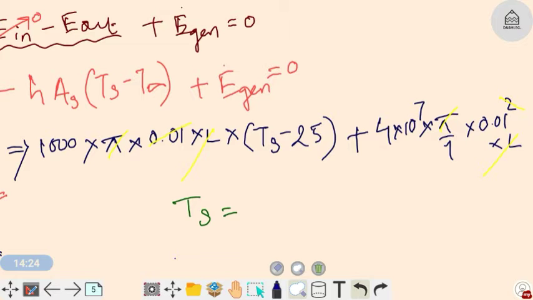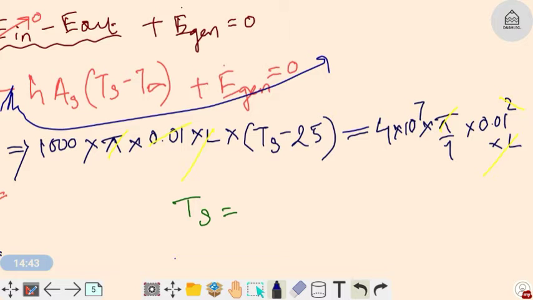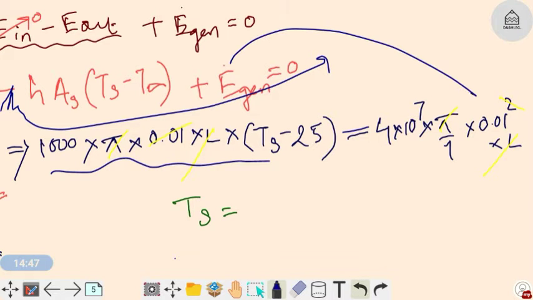If I make this equal to 0, then the expression will be correct. This minus will go to this side, then it will be plus, so this is the term and this is this term.